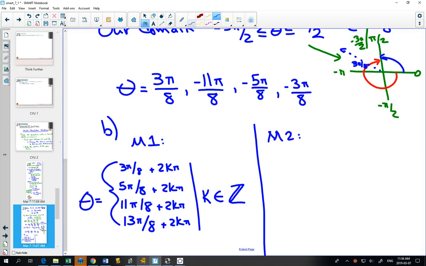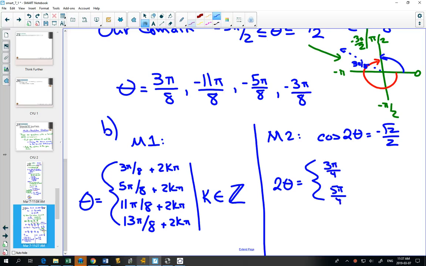People like method 2 if they haven't done part A. If the question was just solve cos 2 theta equals negative root 2 over 2, you would start off by saying the general solution. I know that this is in quadrant 3. It's part of my pi over 4 family in quadrant 3 and quadrant 2. So I'd write 3 pi over 4 and 5 pi over 4 plus 2k pi, where k is an integer.